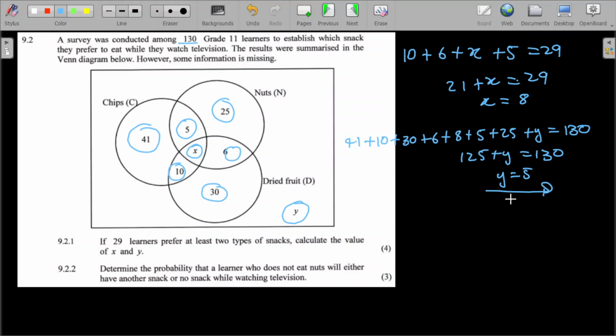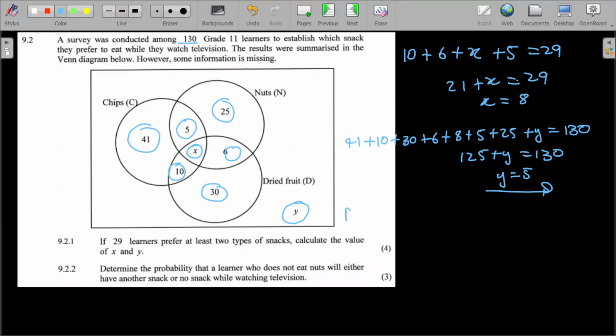Now 9.2.2, they're saying determine the probability that a learner who does not eat nuts will either have another snack or no snack while watching television.